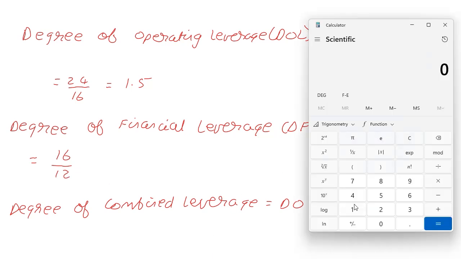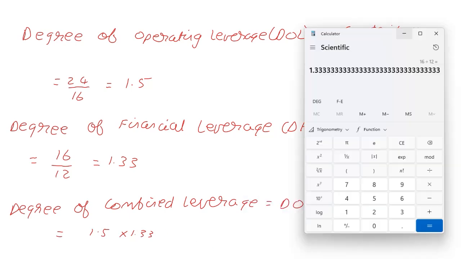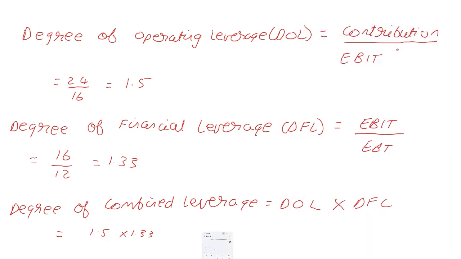So 16 by 12 gives us 1.333. And that somewhat complicates our degree of combined leverage, which is 1.5 into 1.33. But remember, it's a non-terminating decimal. So I'm going to leave 1.33 on the calculator here and multiply it by 1.5, and I get a flat 2.